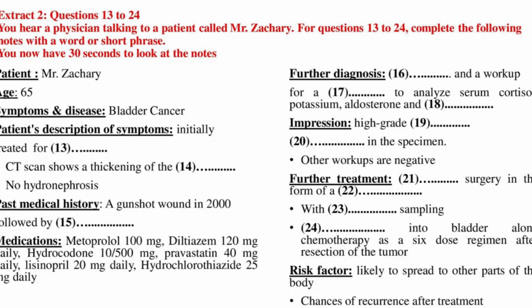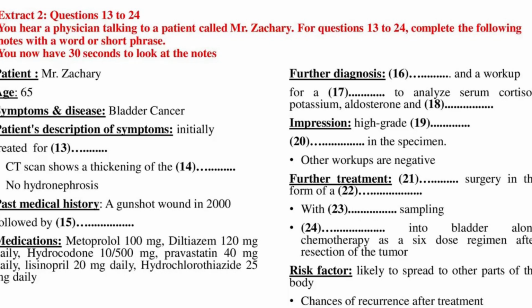Okay. What's your age? 65. Brief me about your past medical history. A gunshot wound in 2000, followed by exploratory laparotomy twice. What medications are you taking now? Metoprolol 100 mg, diltiazem 120 mg daily, hydrocodone 10 out of 500 mg, pravastatin 40 mg daily, lisinopril 20 mg daily, hydrochlorothiazide 25 mg daily.